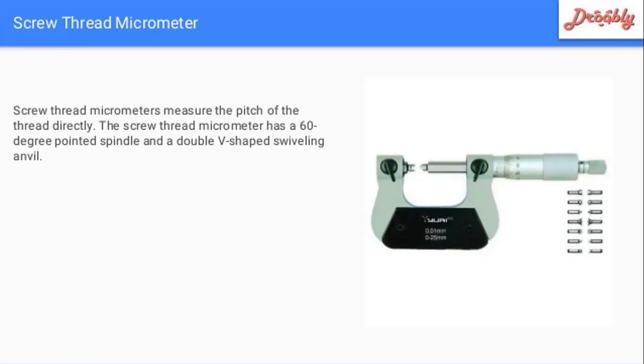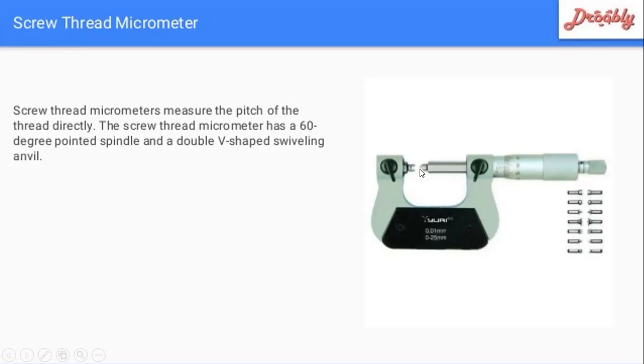The screw thread micrometer measures the pitch of the thread directly, and it has a 60-degree pointed spindle. You can see it in the picture also.